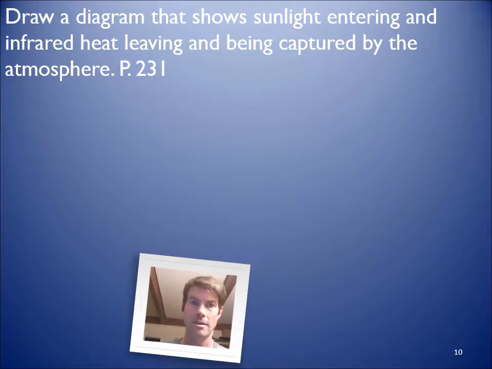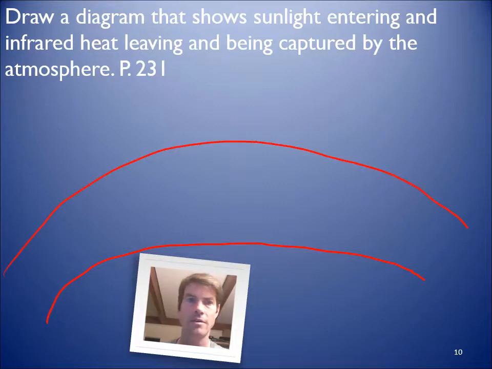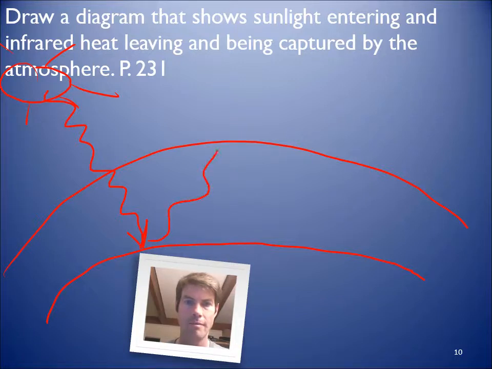So this is something we worked on in class. Here you have Earth, here you have the atmosphere, the sun. So sun waves come down, short wavelength. We've got a long wavelength. Boom. Bouncing back down. Boom. Boom. Boom. Now some of it's going out to space.